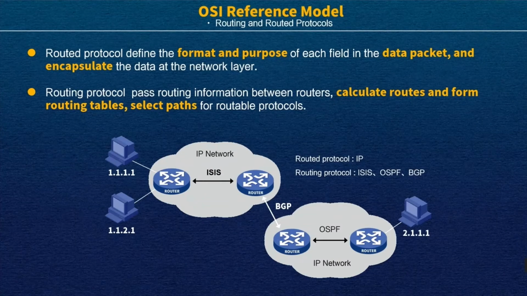This depends on the routed protocol, and the typical routed protocol is IP. So we will see some IP header information. Then all the devices can forward the message according to the IP header, and then we can select the best path from the routing table.